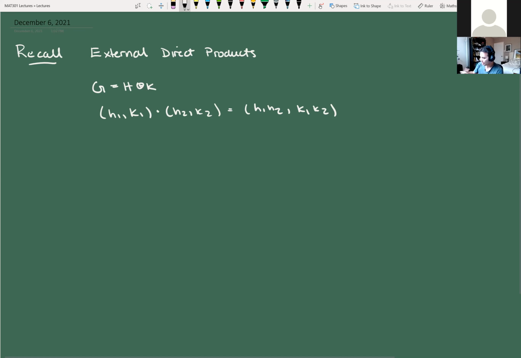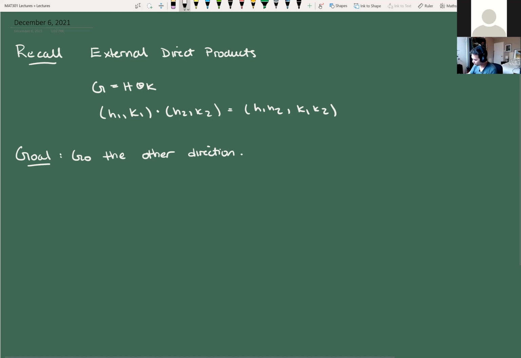Here, H and K really don't have to be related to each other. They don't have to be related to G, at least not a priori. They get smushed together to become this new group G. So what we want to do in this lecture is go the other direction. Our goal for this lecture is to go the other direction. We want to say, if you have a group G to begin with, can I find subgroups that I can smush together in an appropriate way to give me back G?